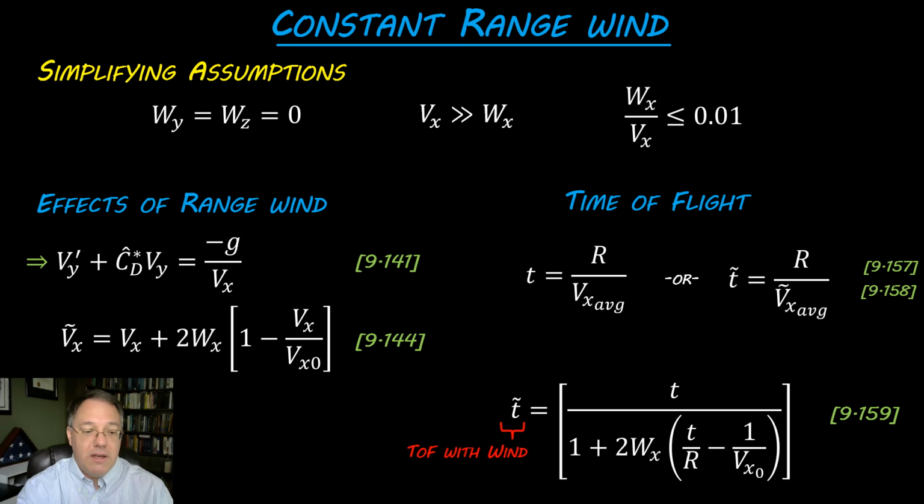The t tilde is our time of flight with the wind, and our t without anything on it is our no wind time of flight. So we have to know what that is in order to calculate what it will end up being once we add these drag effects in there.